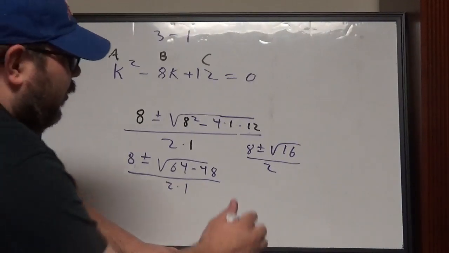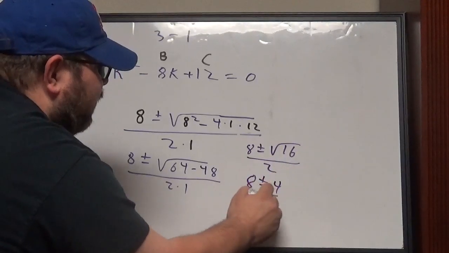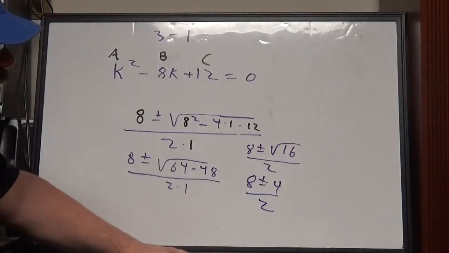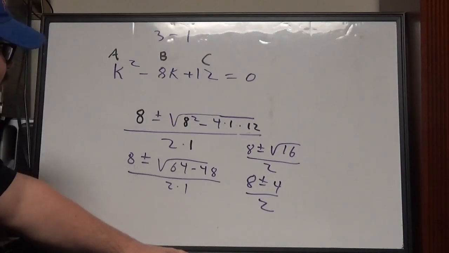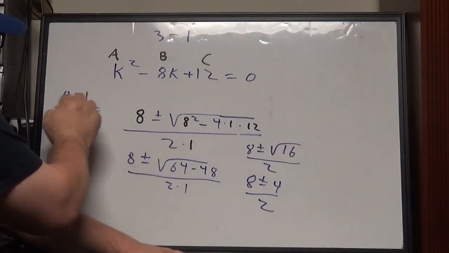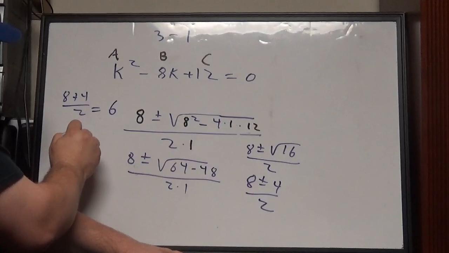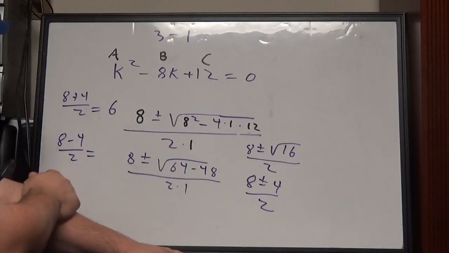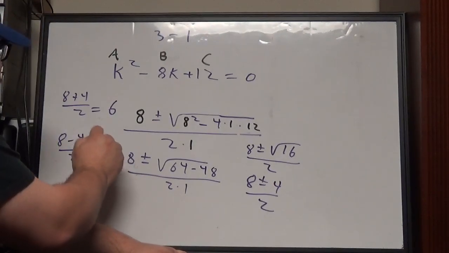The square root of 16 is 4. So 8 plus or minus 4 over 2. 8 plus 4 divided by 2: 8 plus 4 is 12, divided by 2 is 6. 8 minus 4 over 2: 8 minus 4 is 4, divided by 2 is 2.